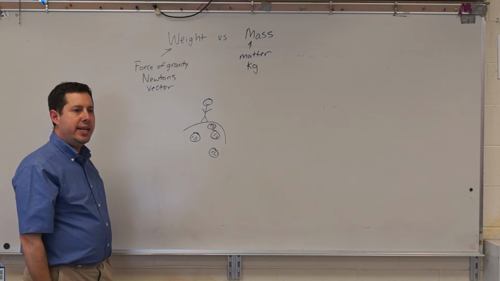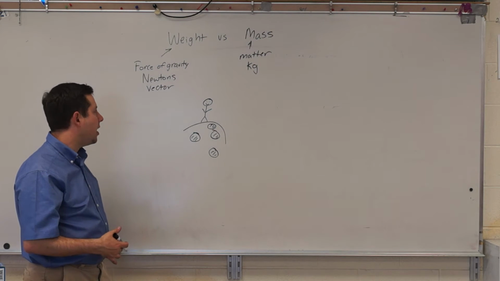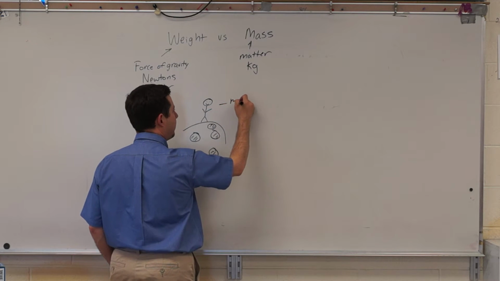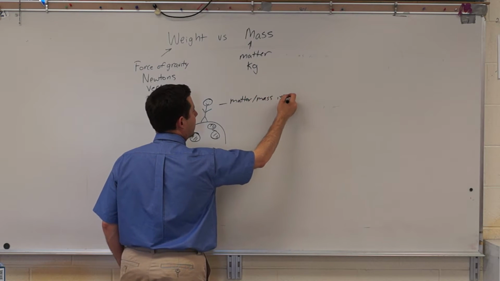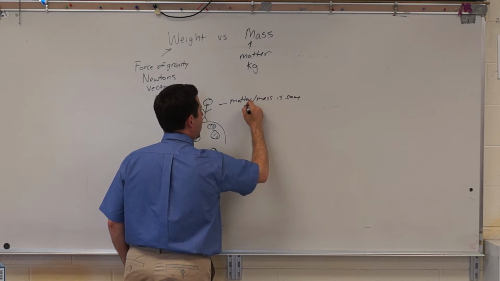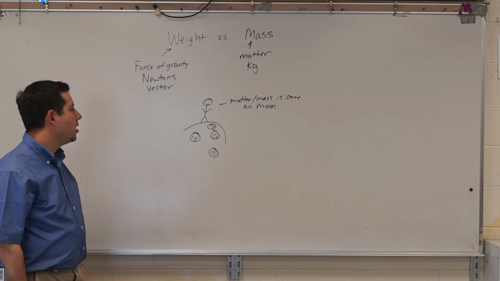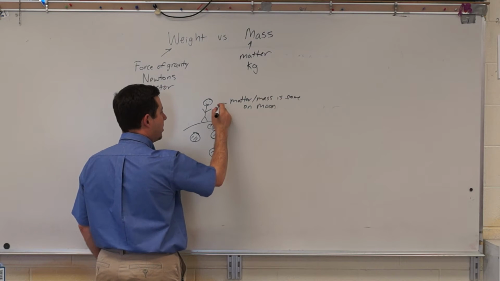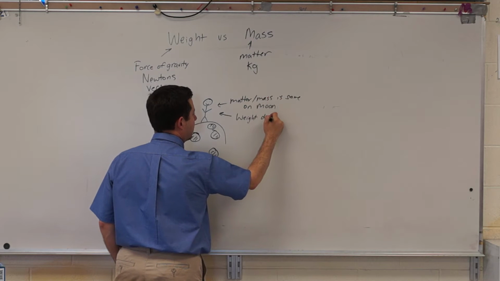The moon is a less dense object than the Earth, and it's a much smaller object. So the amount of matter stays the same on the moon. But the force of gravity is less because you're on a less massive object, so your weight decreases.